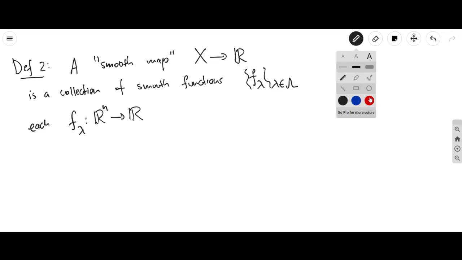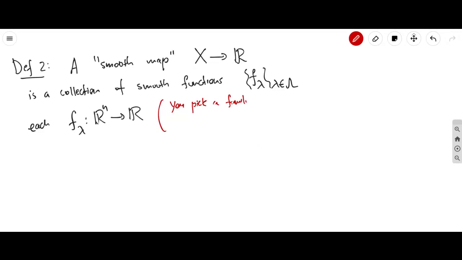Basically, what we're saying is you pick a family of smooth functions in each chart.